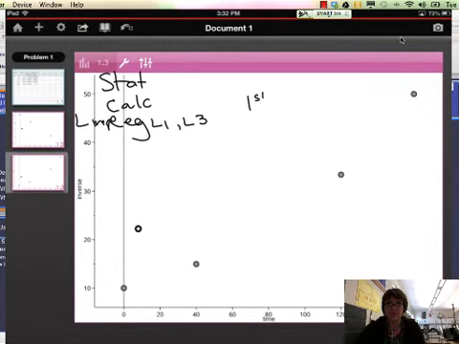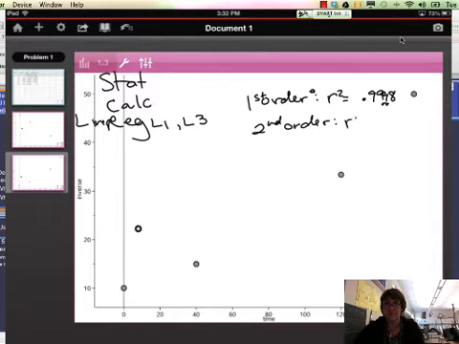So if this were a first order reaction, then my r squared value would be, it's coming up as 0.9998. And if this were a second order reaction, then my r squared value comes up there as 0.94676.